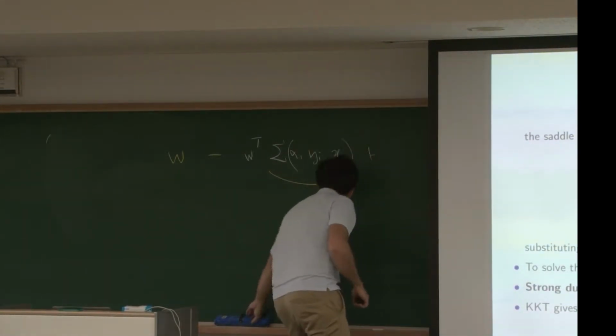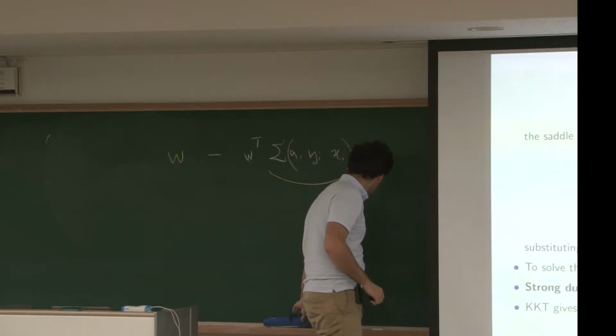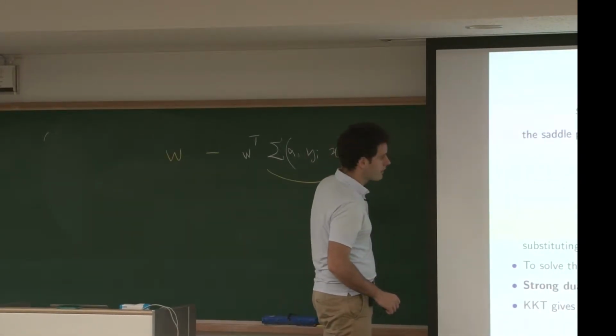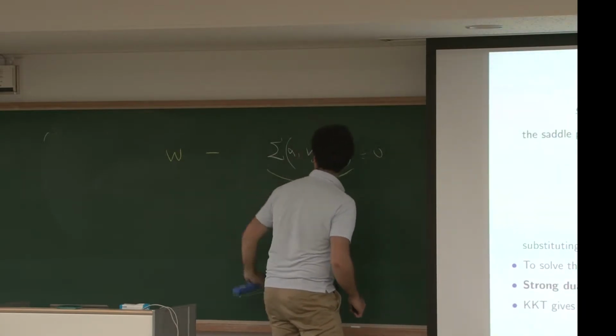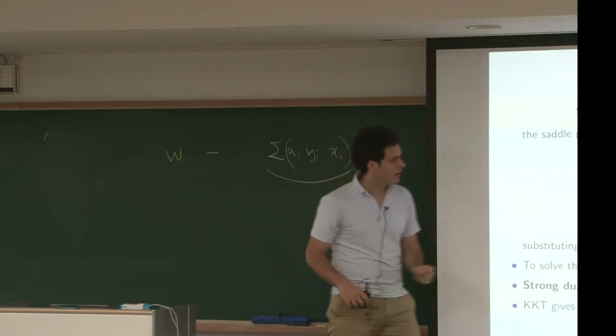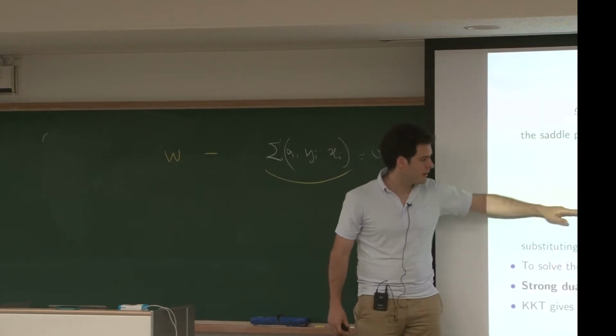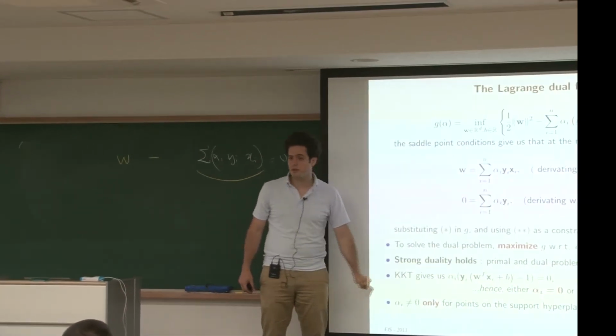If you differentiate with respect to W, you just have this equal to 0. And if you differentiate with respect to b, you will have that this is equal to 0. Okay?